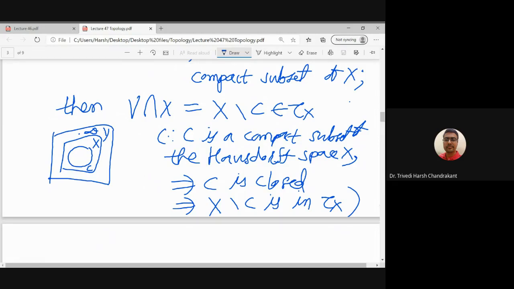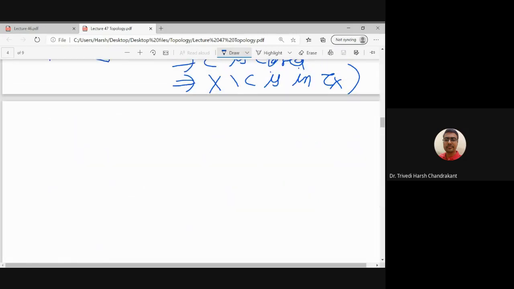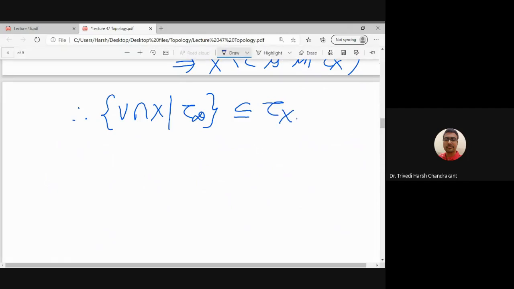So this will give the second type sets when we take its intersection with X, then that is also in tau X. So that means we have proved that whether we take any set which is an element of tau infinity, either type 1 or type 2, it is always an element of tau X.